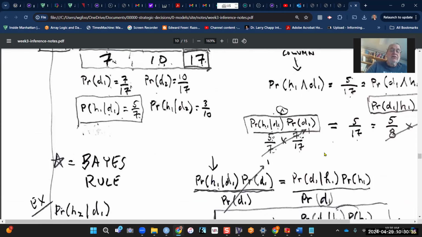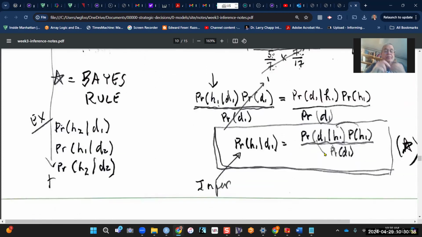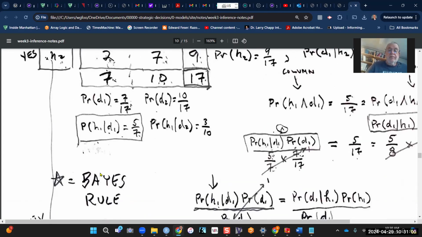It's called Bayes' rule. And use this rule and verify that the probability of H2 given D1, or the probability of H1 given D2, or the probability of H2 given D2, these are the only possible combinations in our very small little world here, do work out to these numbers, okay, using Bayes' rule, using the rows to infer the columns to infer the rows.